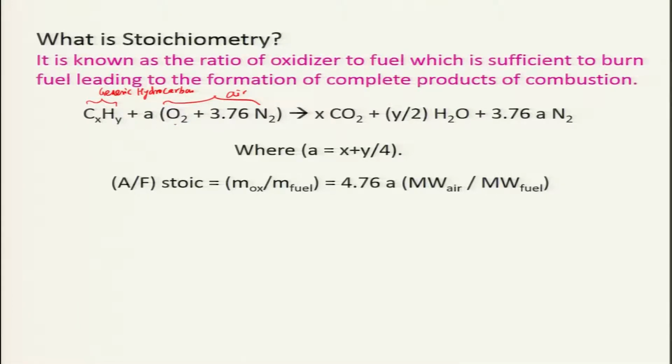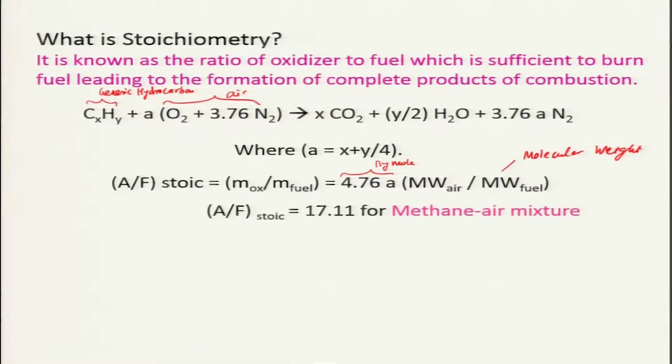So, that is 4.76 A, and this is by mole, and then you will have to multiply it by the molecular weight of air and divide by the molecular weight of fuel. This MW is basically molecular weight. And this is a formula you can keep in mind particularly for air.